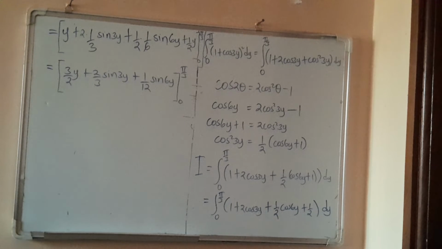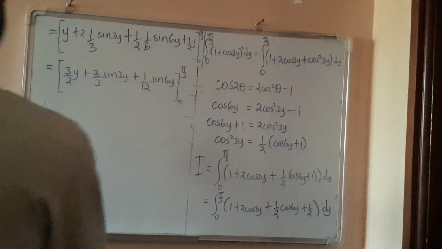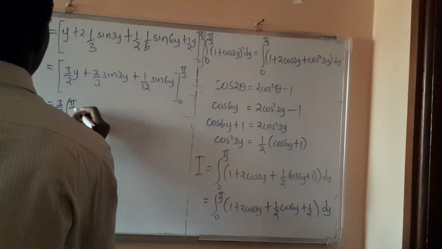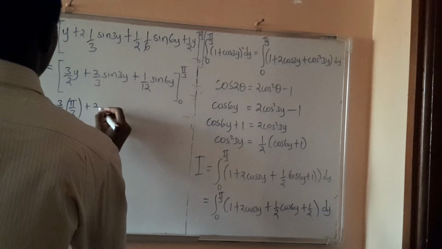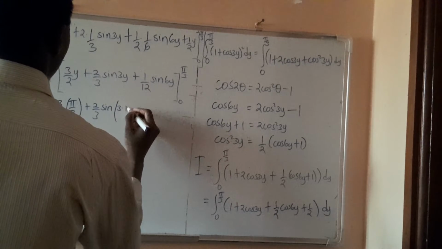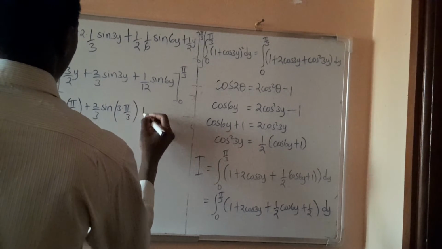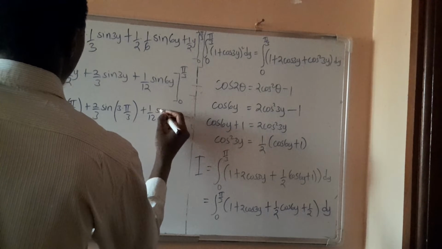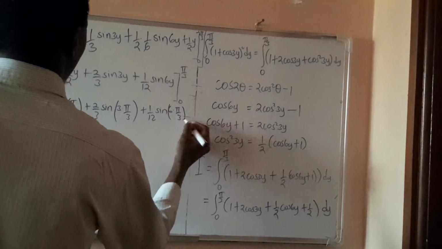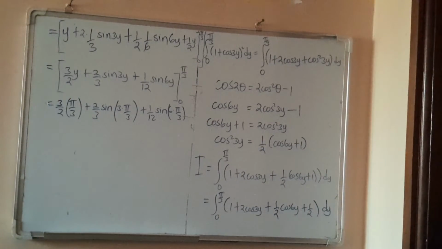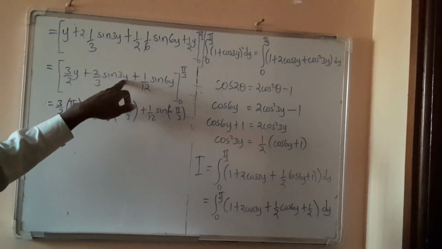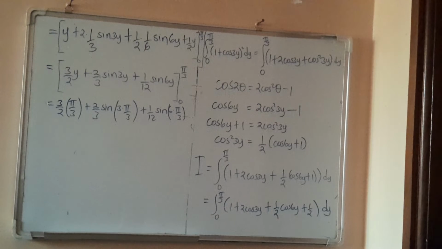Now we can substitute pi. This is 3 over 2, where there is y, we put pi over 3, then plus 2 over 3 sine 3 times pi over 3, plus 1 over 12 sine 6 times pi over 3. Then minus, if I put a 0 here, 3 over 2 times 0 is 0. Sine of 0 is 0.